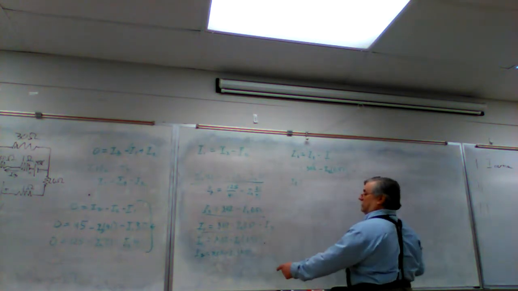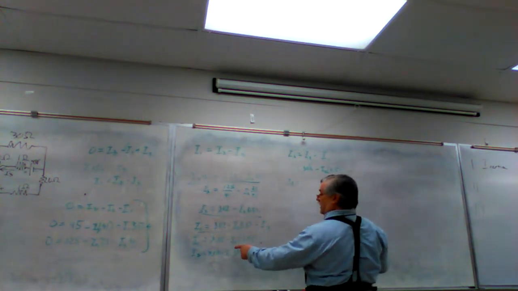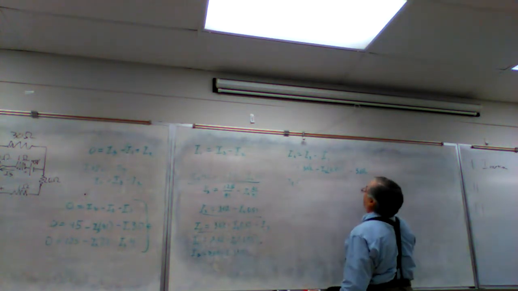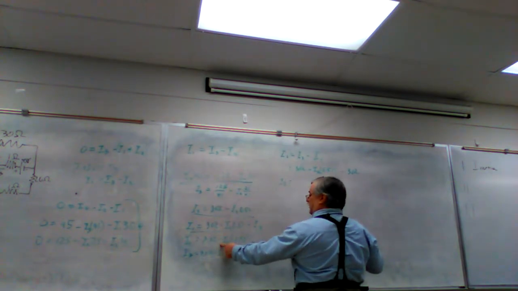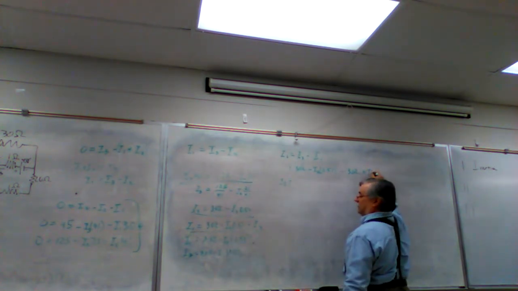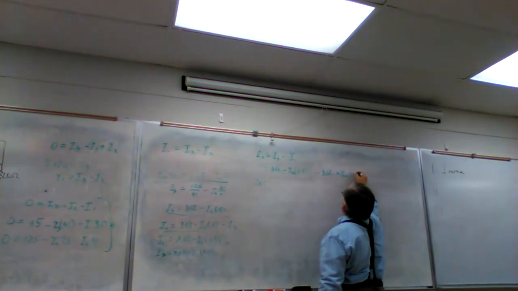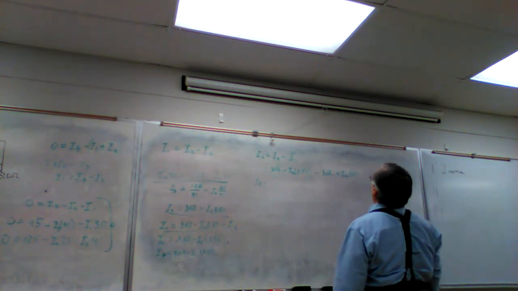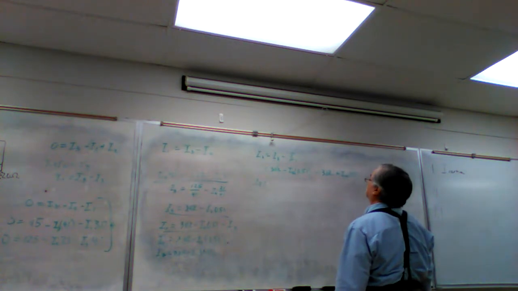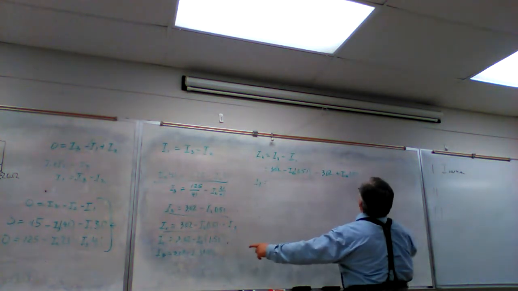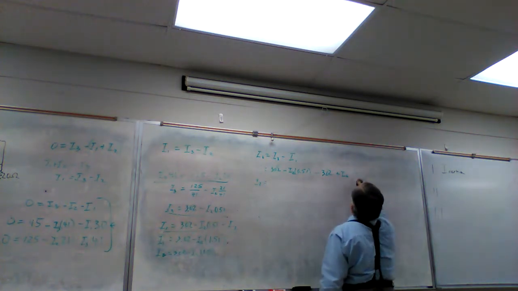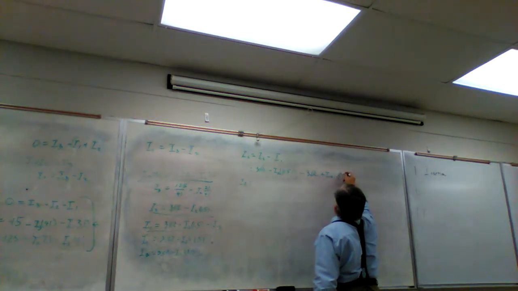Minus I2. I'm sorry, minus I1, which would be minus 3.02, minus a negative. So this is plus I2 times 0.51. Okay, now that is just... No, that's not times 0.51. It's plus I2 times 1.51.